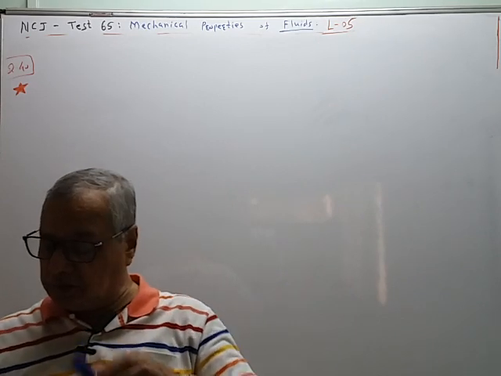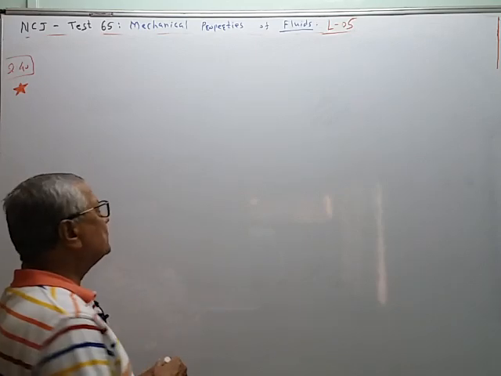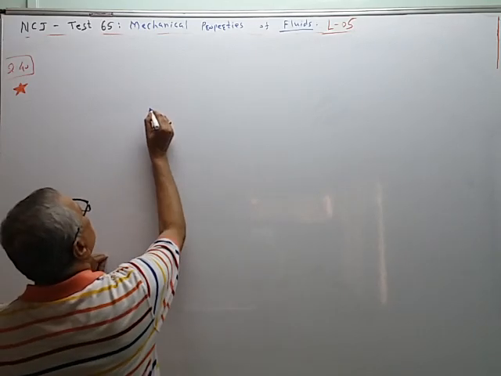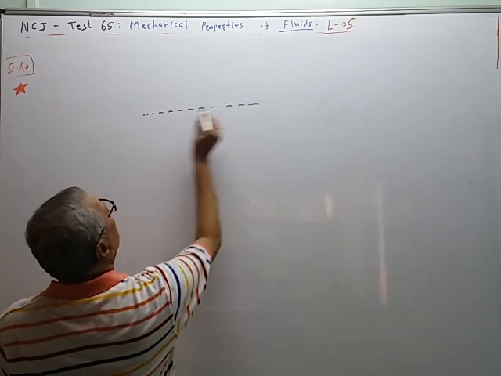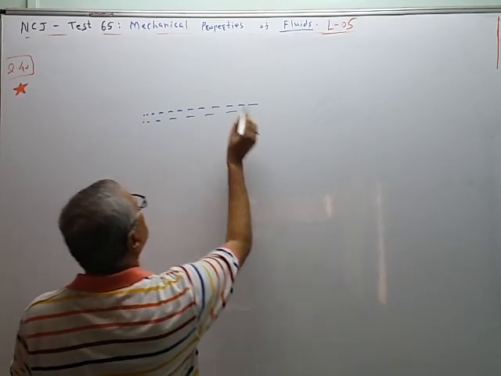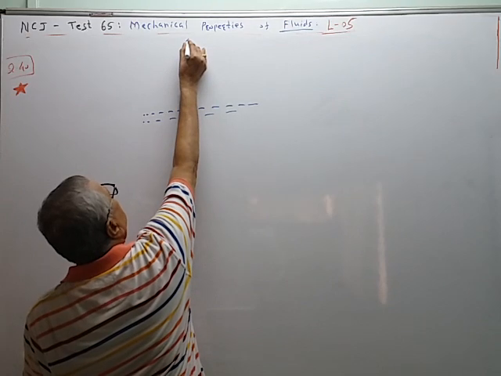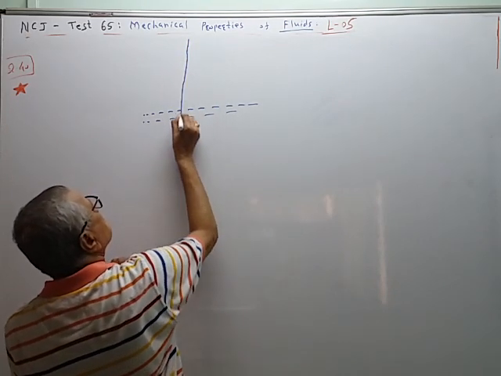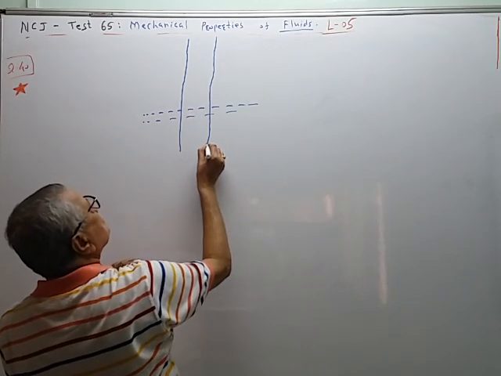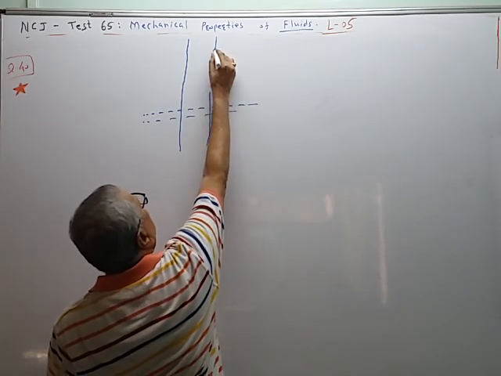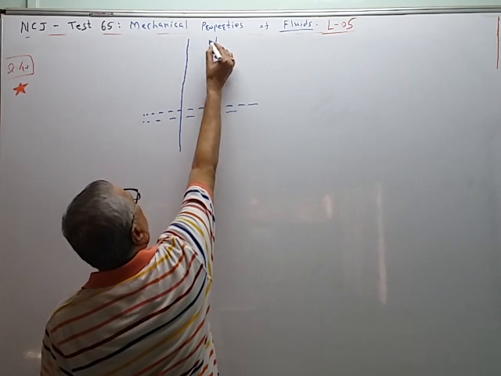So the situation is like this. I will show a magnified figure. This is the outside water level, and this is the capillary tube whose radius is r.